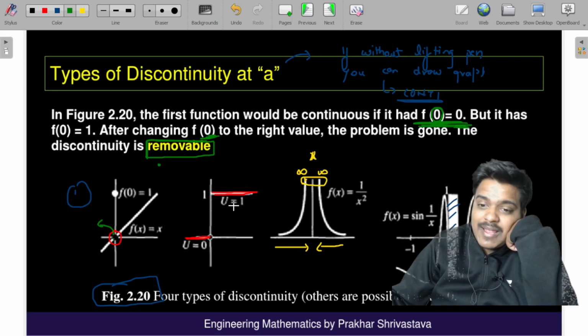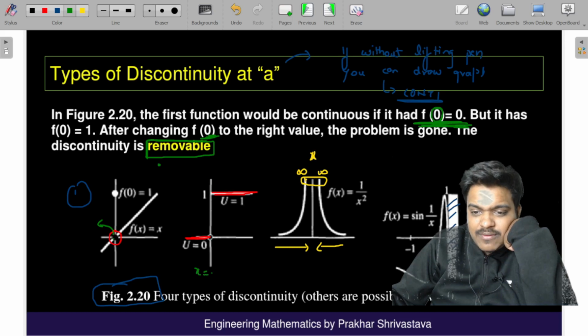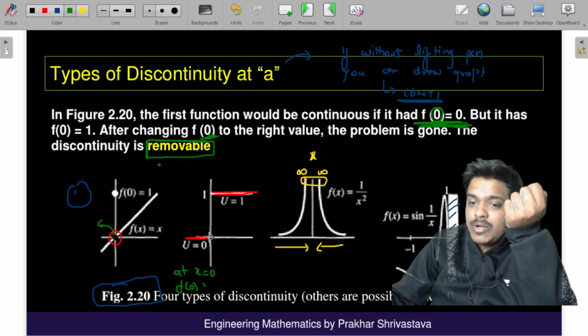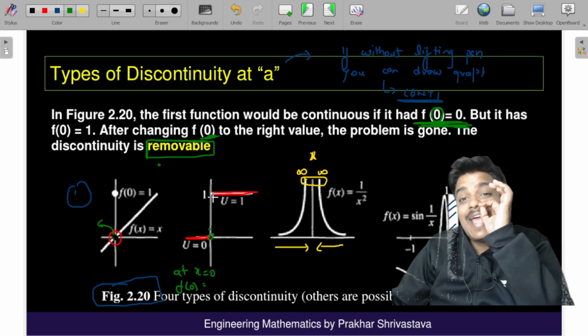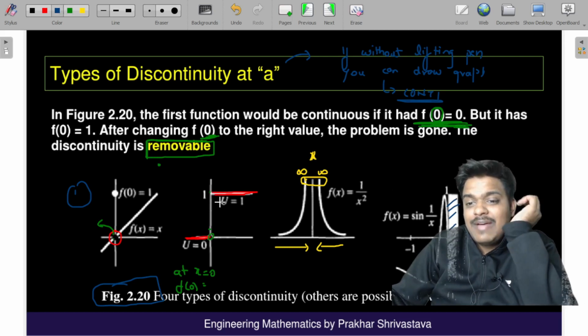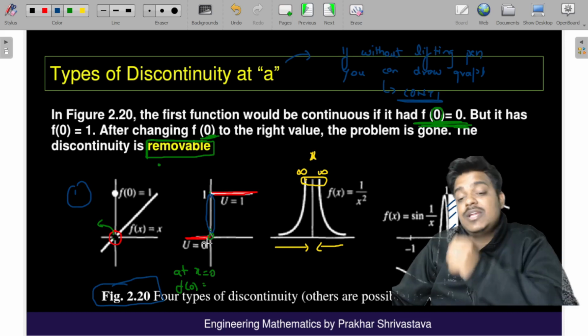But in the second case, at x is equal to 0, what is the value of the function? You cannot tell me the value because it can be any value between 0 and 1. Here the function is u.